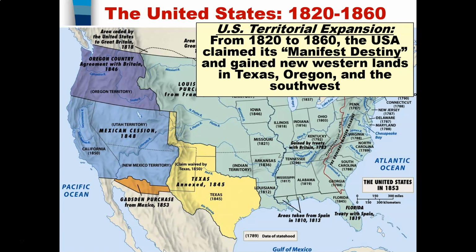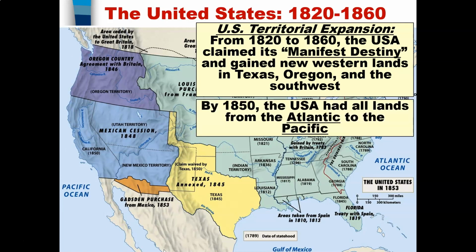Also in 1848, you have the Mexican cession, and also in 1845, the United States annexed, or basically took over, Texas, despite the fact that Mexico did not agree with that. And in the year 1853, the United States had the Gadsden Purchase from Mexico. By 1850, the U.S. had all lands from the Atlantic to the Pacific Ocean.